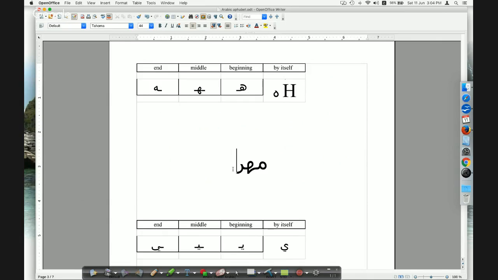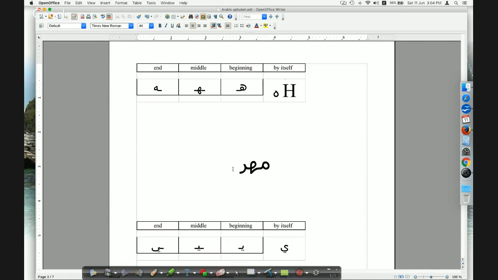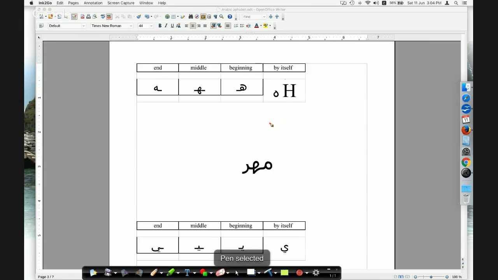Your goal is to learn how to write easy and fast. So for me, I just write it this way. I don't care really how artistic it is. I care how clear it is and how easy for people to understand. So ma ha ra, mahar.